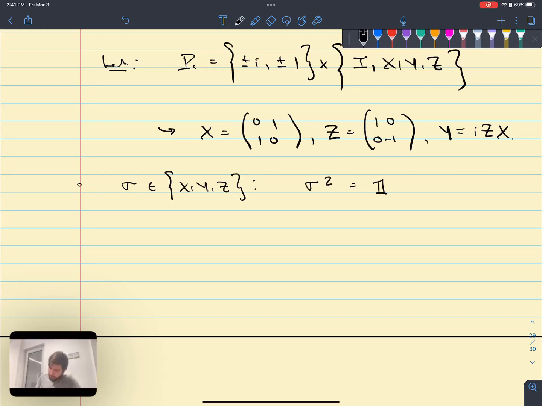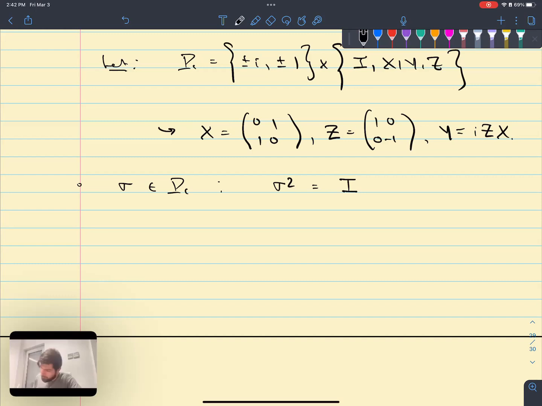Actually, I could have done it for any element of the Pauli group. If I have sigma as an element of the Pauli group, then sigma squared is equal to the identity. I should use the same symbol like this.